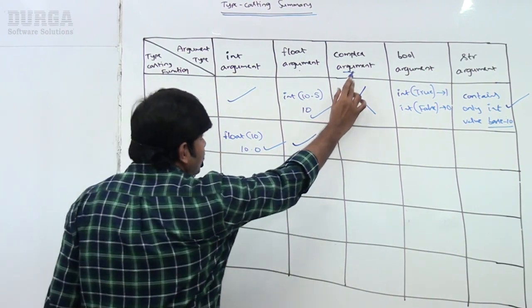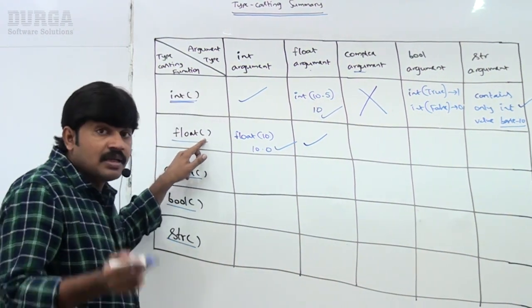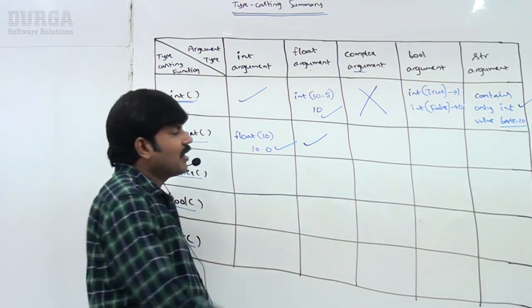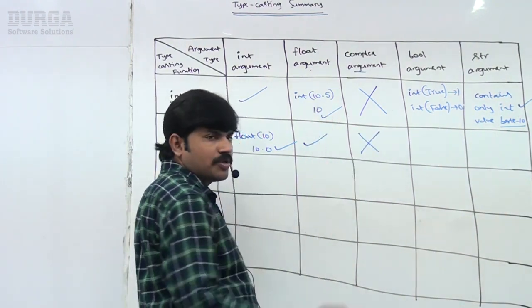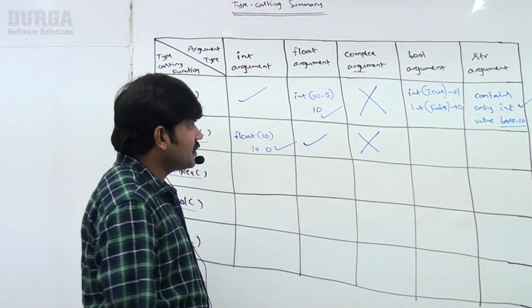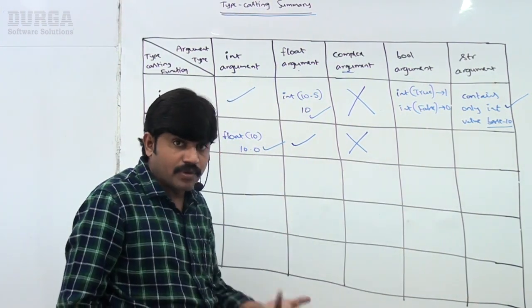Next, I want to convert a complex number to float type by using the float function. Sorry man, complex to float conversion is not possible. If you are trying to do that, we are going to get a type error. Next, bool to float, a boolean argument to float. Yes, why not?